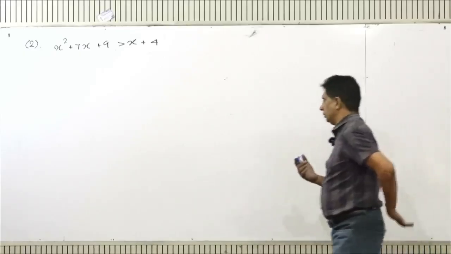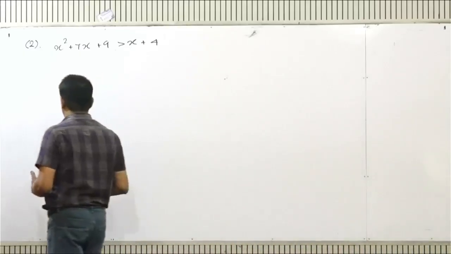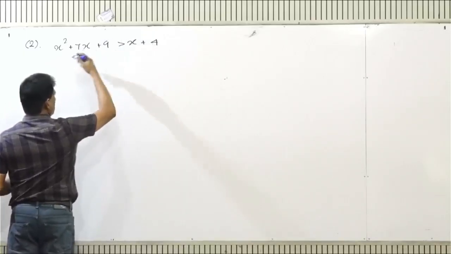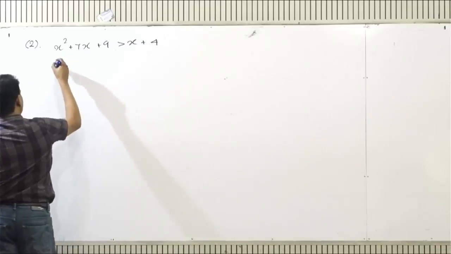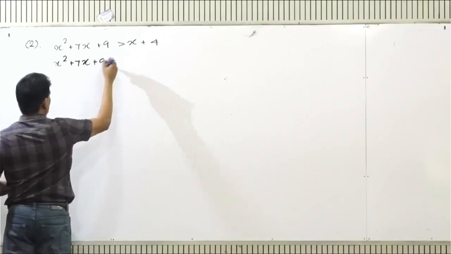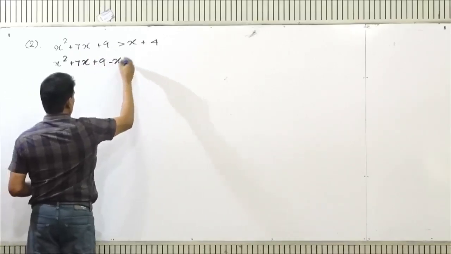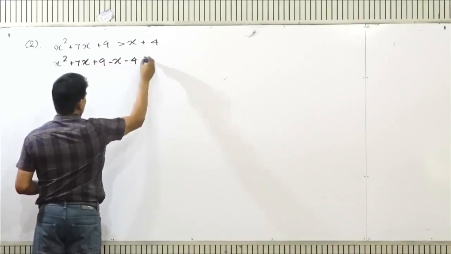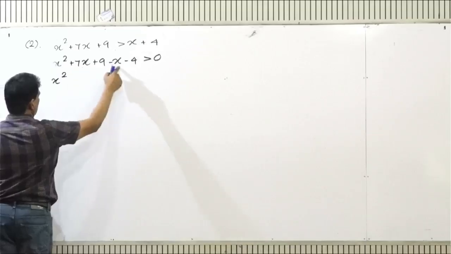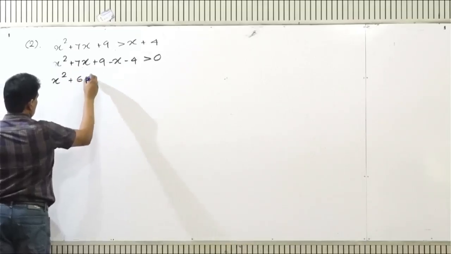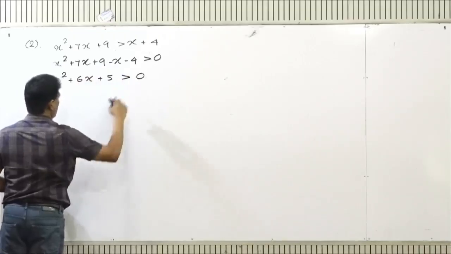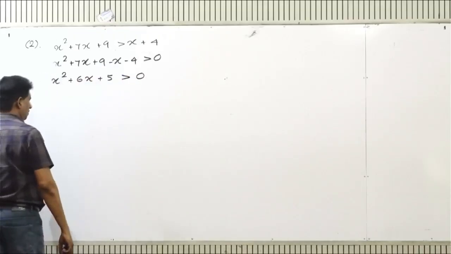Then we have to make one side 0. For that, we take these two terms to the left-hand side. Then x squared plus 4x plus 9: we take this positive x to this side, and positive 4 to this side. 7x minus x means 6x, 9 minus 4 means 5. Now the right-hand side becomes 0.